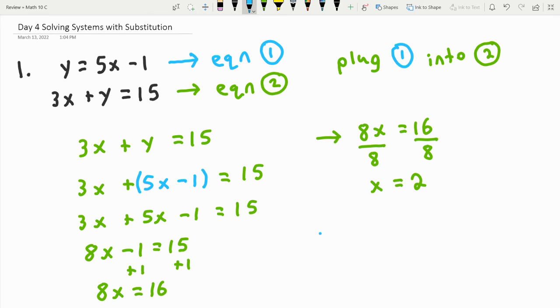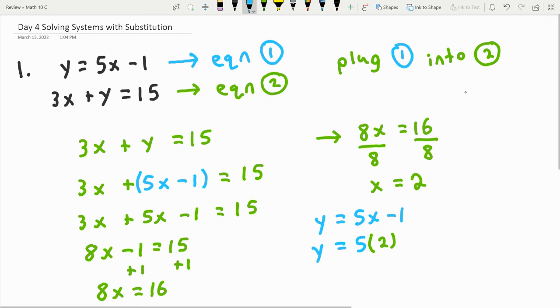So in this case, I have y equals 5x minus 1. I'm going to plug x into this equation. So y equals 5 times 2 minus 1. See, I just plugged the x back into here.